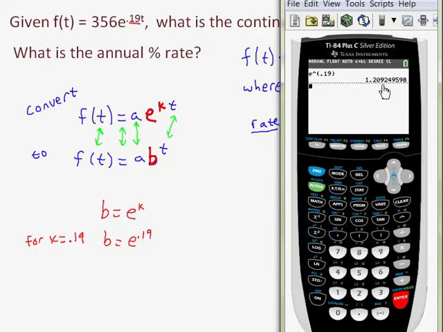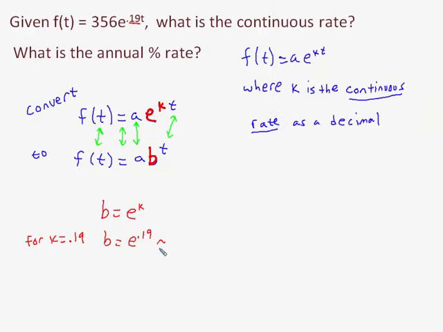So I get to 5 decimal places because this digit is a 9, I will round this 4 up to a 5. So I get 1.20925, approximately. So let me take the original equation of f of t equals 356 e to the 0.19 t, and then write down what I converted it to, which would be f of t equals, and remember that we left the output variable the same, and we left a the same.